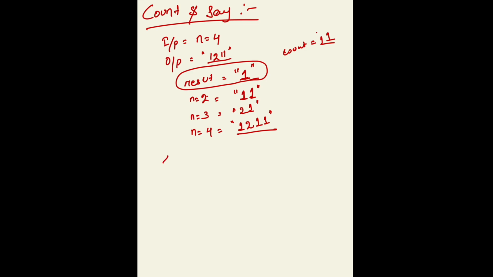We'll run a loop which will start from 2 to n. And we'll take one empty string, and the count, obviously we'll keep as 1, because anything will be there 1 time.